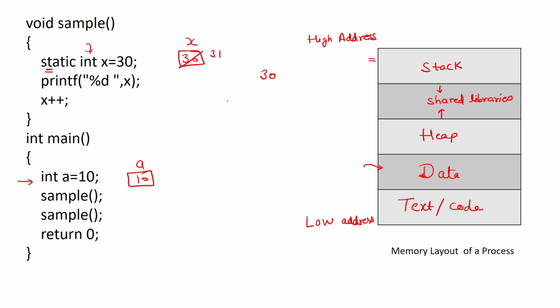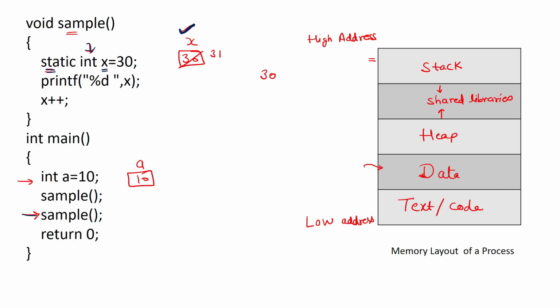Now when we go out of this sample function and come to the next calling of sample, this x will not be deleted from the memory. That means it will remain there. Why? Because the lifetime of the static variable is till the program ends. So till the program ends, this x variable will remain inside the memory with its updated value.